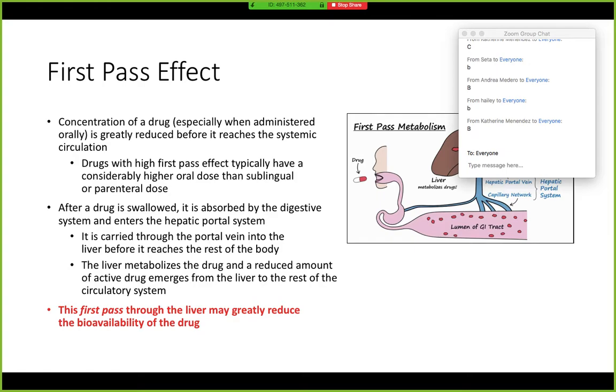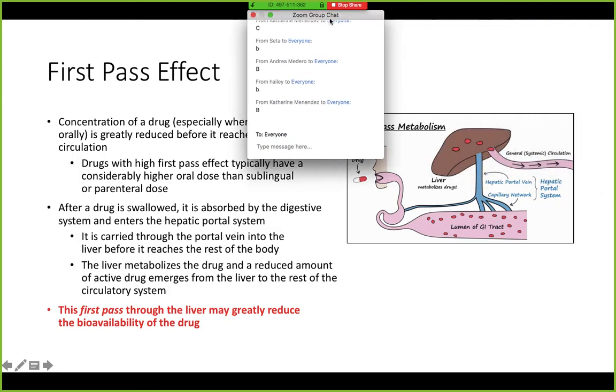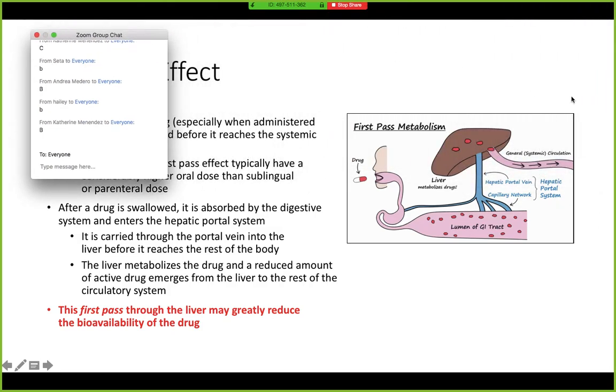So after the drug is swallowed, it's absorbed by the digestive system, and it's going to enter the hepatic portal system. It's carried through the portal vein into the liver before it reaches the rest of the body, and the liver is going to metabolize the drug and reduce the amount of active drug that emerges from the liver and enters the systemic circulation.